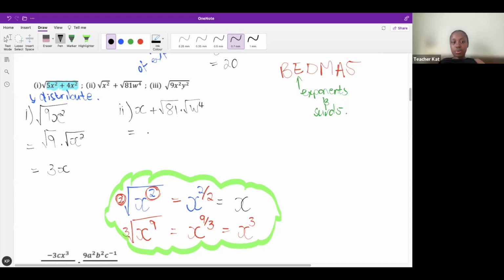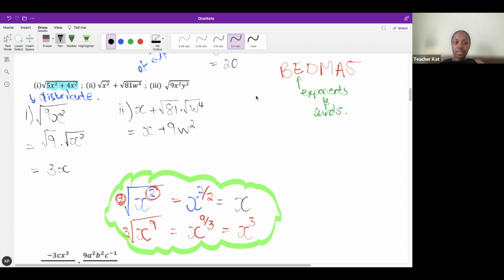What's the square root of 81? 9, plus 9 times the square root of w to the power of 4, which is w squared. Nice, guys. We're getting it. Can we go any further with the sum? No, they're not like terms, so we cannot add them. This is as far as these sums go.